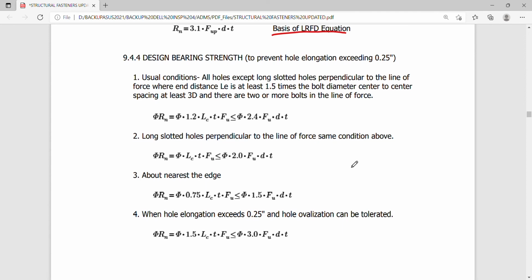For case 1, usual conditions: all holes except long slotted holes perpendicular to the line of force where the end distance LC is at least 1.5 times the bolt diameter, center to center spacing at least 3D, and there are 2 or more bolts in the line of force.